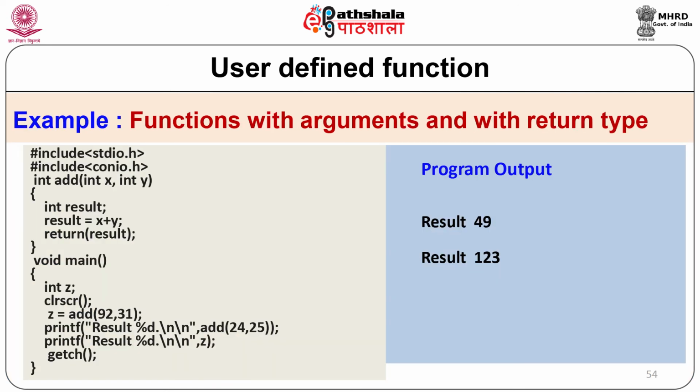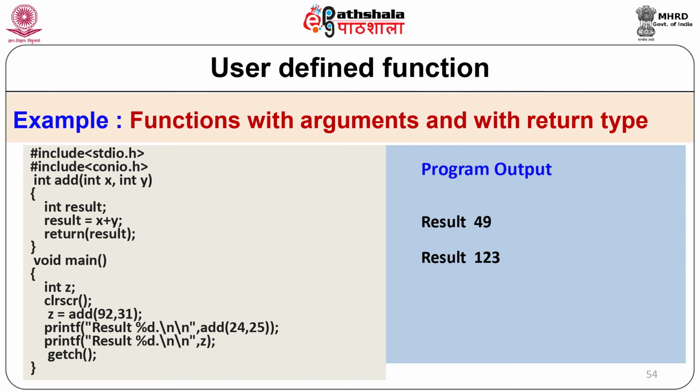Let us see a sample program for function with argument and with return type. You can see the program in which we have written result equal to x plus y, integer result and return result. You can see the called function is add, z equal to add(92, 31), printf result, add(24, 25), printf result, z, getch and bracket closed.